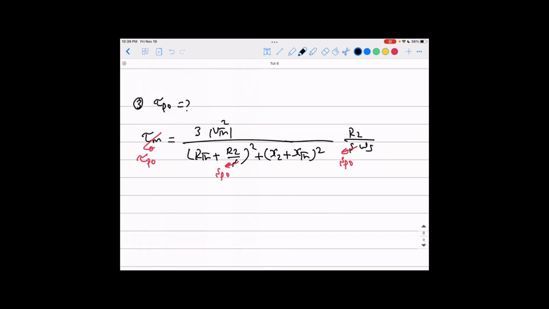Again, everything here is known to you. We've calculated everything before, so that is 1482 Newton meter.